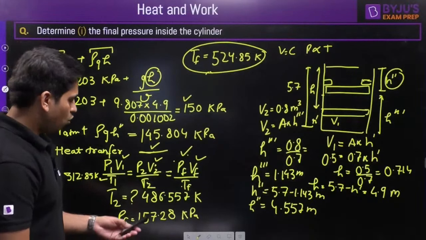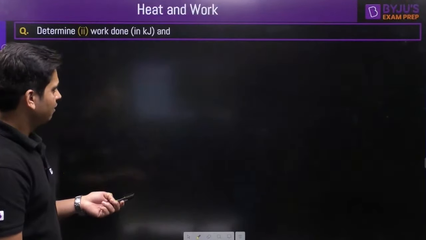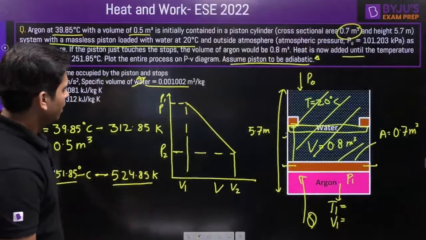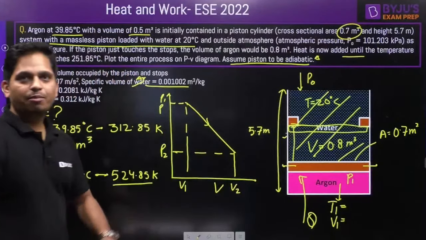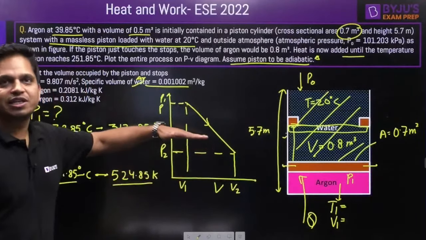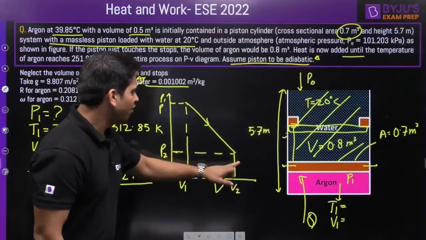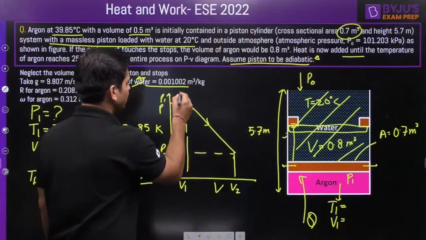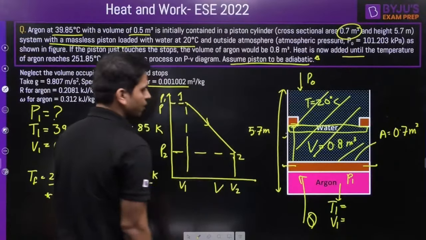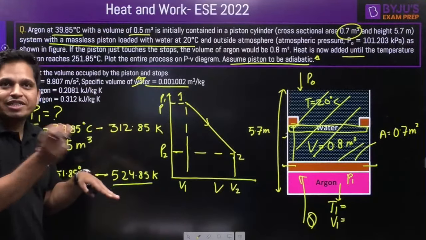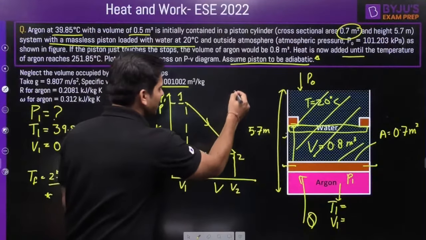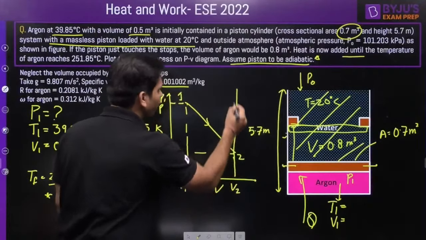So now you see what the final pressure is. So what is going to happen? You have come here. Here pressure is decreasing, volume is increasing. Now once I have reached here, I have reached point 2. But now volume is constant, I am still giving heat. So my pressure is increasing at constant volume, and it will go somewhere here.